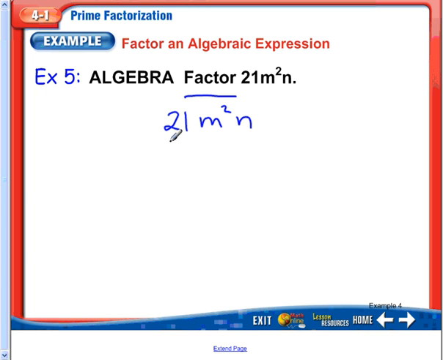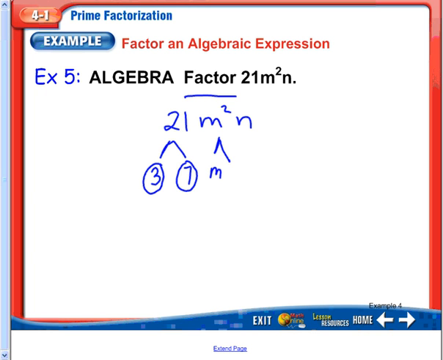Well, first I'm going to work with my number 21. Since I know that 3 is a prime factor that goes into 21, 3 goes into 21 7 times. And both of these are prime factors, so I can stop right there. I need to break apart m because I see that there is more than 1.